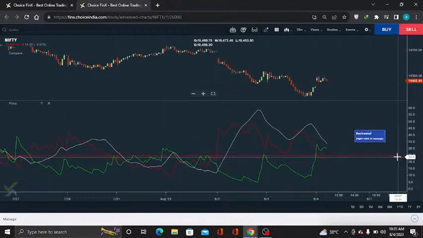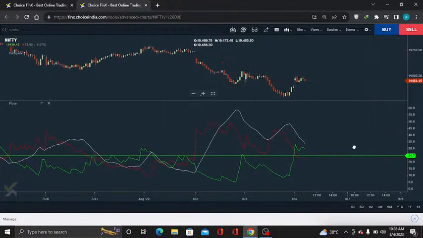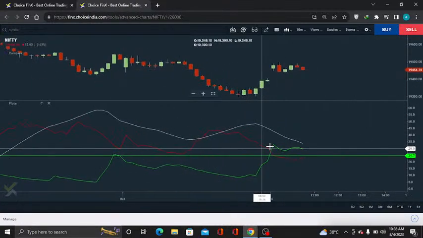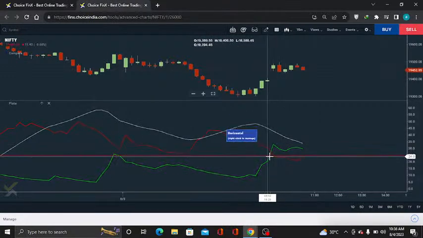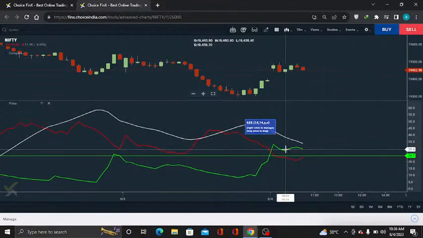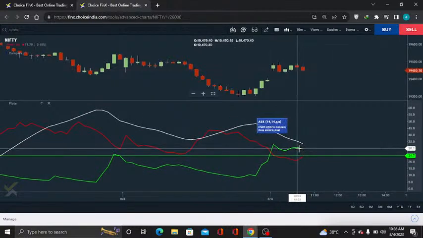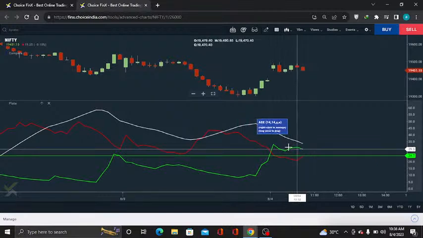The benchmark is 25. Whenever the plus DI value goes greater than 25, we can see an upside move in the price of the stock.